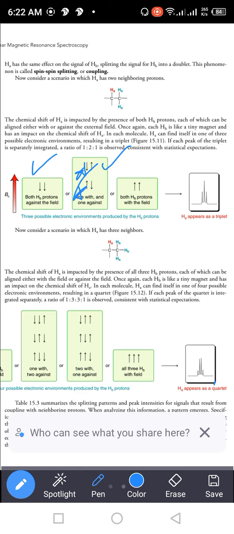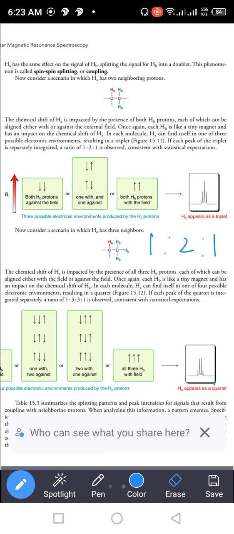And in the third case, two protons have the same direction with the external magnetic field. So overall, we look at the pattern of the triplet, which is just like we write 1, 2, and 1.